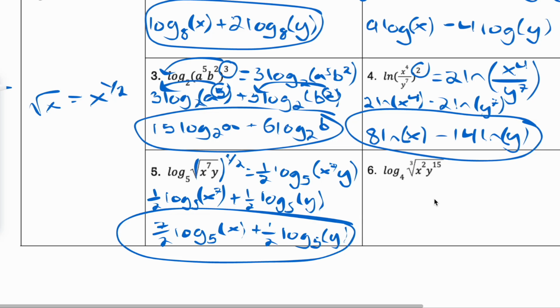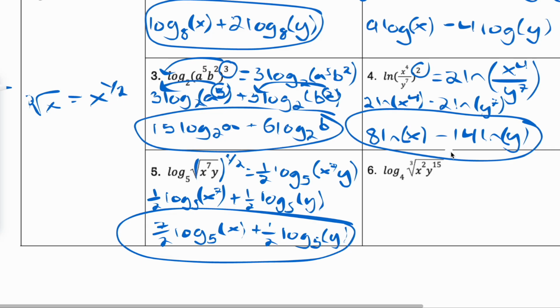Well, we have a radical saying the cube root of something. So if we had the square root right up here, this is just a 2, pretty much. If taking the square root equates to raising something to the 1/2 power, what do we think taking the cube root equates to? Well, it's just the same thing as raising something to the 1/3 power.